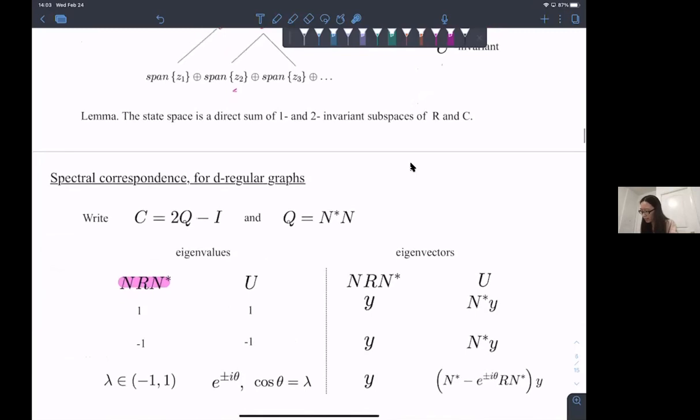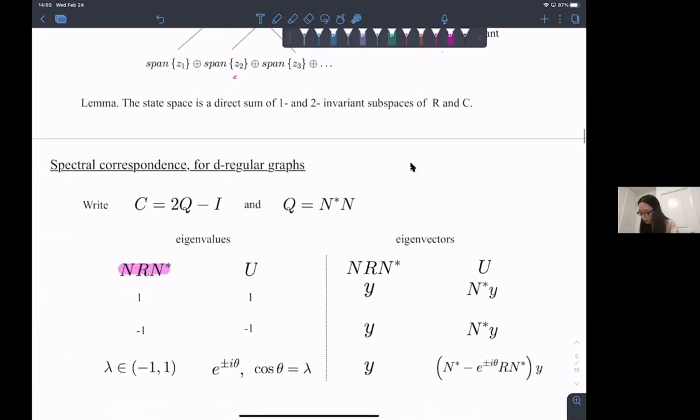Now, I will omit the details about how to diagonalize U here, but just give you a correspondence between a smaller matrix, which is N R N star, and the matrix U here. So because C is a reflection about a subspace, we can always write it as twice the projection minus the identity.